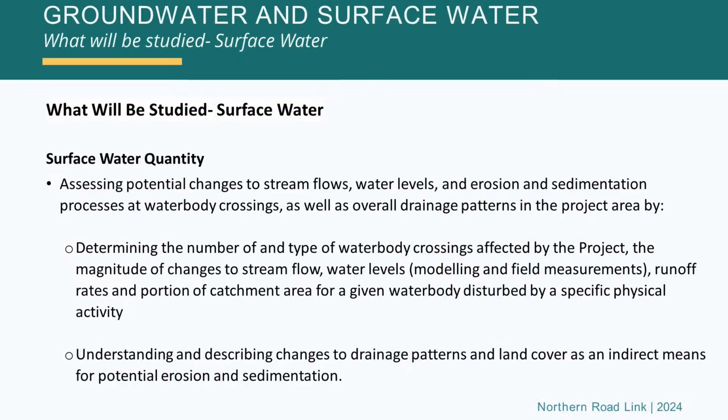Now, when we're talking about surface water, again, we're looking at quantity and quality. When it comes to quantity, we're getting into the realm of what you call hydrology, the study of surface water. So we're looking at potential changes to the flow of streams, of water levels in general, erosion and sedimentation processes at water crossings.